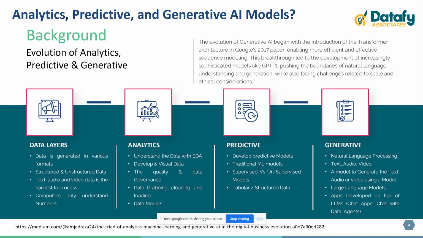This field has been researched for a long time, but it made a lot of noise in the industry after a lot of breakthroughs on the transformer architectures, and then we came to the world where LLMs by OpenAI were released, and this is the phase we are now living in.